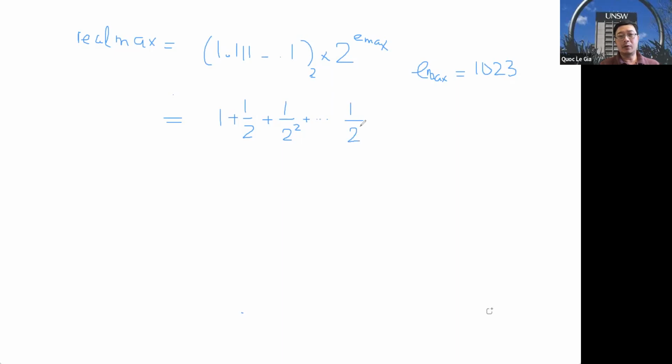Remember you store 52 digits, because we have 52 digits in the fractional part of the significand. And then you multiply by 2 to 1023.